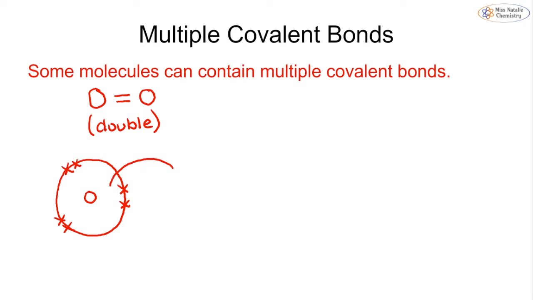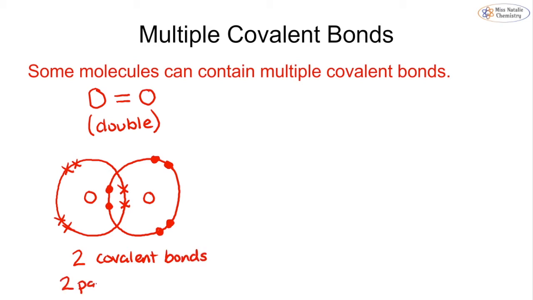And when that overlaps with another oxygen, we have those 2 pairs that already exist, and then the 2 unpaired electrons form a bond with the 2 unpaired electrons from the first oxygen. So now, rather than one covalent bond, we have 2 covalent bonds. And that's because we have 2 pairs of electrons in our overlap.